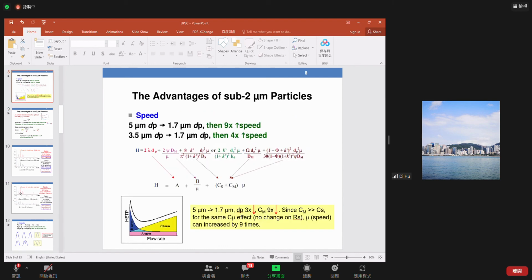We keep saying we change dp, the particle diameter, from 5 to 1.7. If it decreased by 2 times, or 3 times, how does that influence the speed and everything?